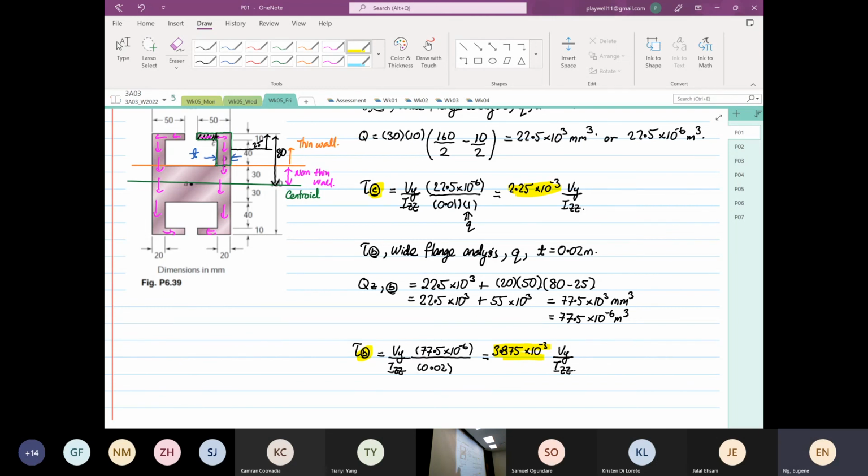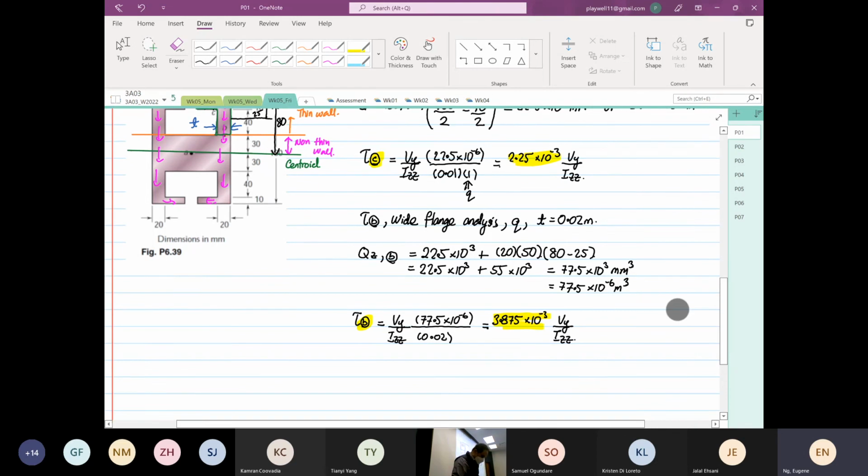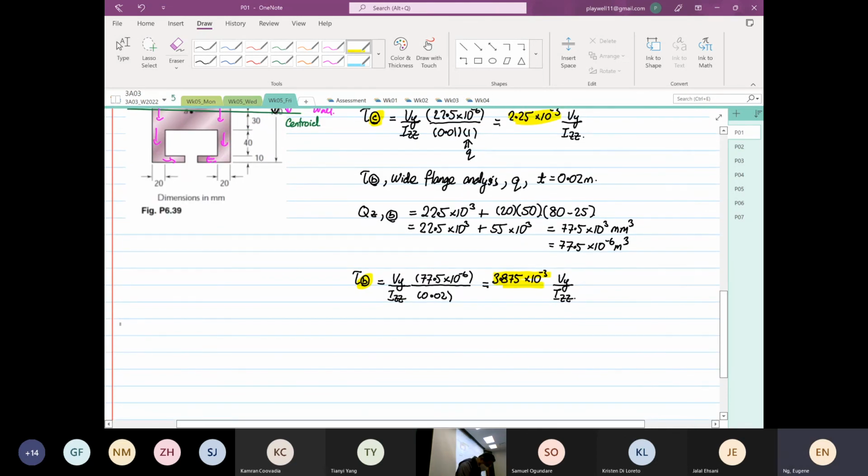It's because of this. If we look at the equation, shear stress is equal to V over I, Q over T. We know that V over I is a constant.